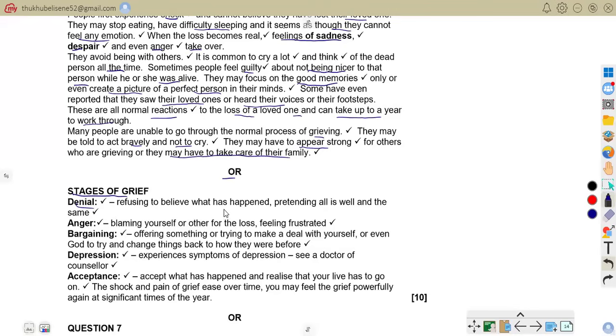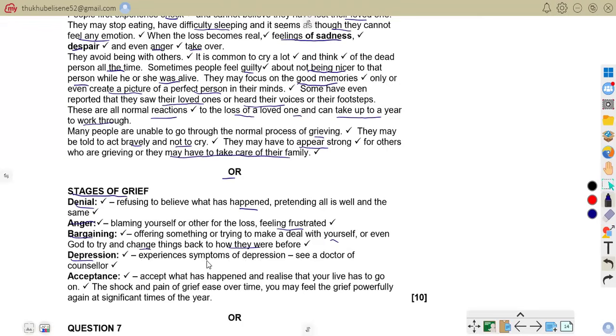Denial: refusing to believe what has happened, pretending all is well and the same. Anger: blaming yourself or others for the loss, feeling frustrated. Bargaining: offering something or trying to make a deal with yourself to try and change things back to how they were before.